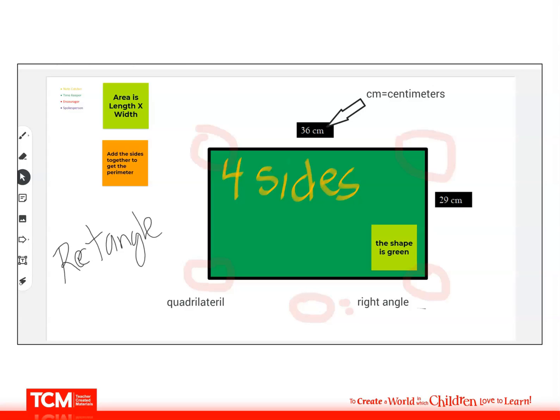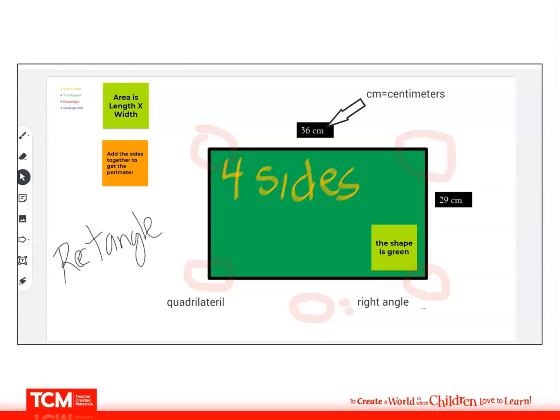I love that someone wrote quadrilateral with their very own special spelling. I see this shape of like a circle almost that means a right angle, and there are 4 different shapes such as this. Somebody pointed out that cm likely means centimeters. So there are just such a wide range of ways to engage students.